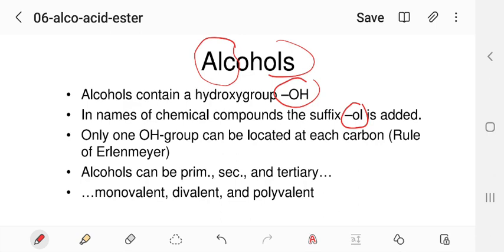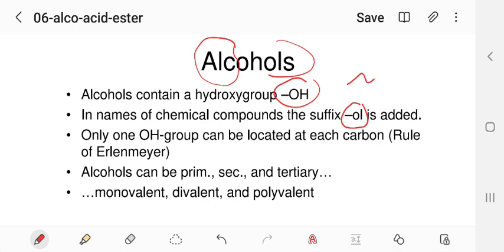And these OH groups, so hydroxy groups, can be at the end. Normally they have to be at the end, but they can be bonded to the end carbon or to a certain carbon in the middle.